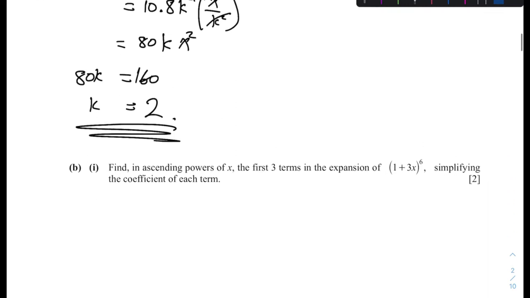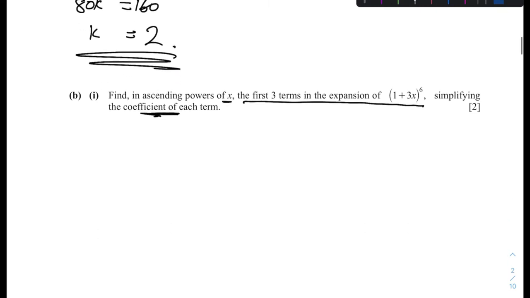Now let's look at the b part. It says find in ascending powers of x the first 3 terms of this expansion. Only the first 3 terms, and then simplify the coefficient of each term. Fine. So we have 1 plus 3x to the power 6. So we have 1 to the power 6.